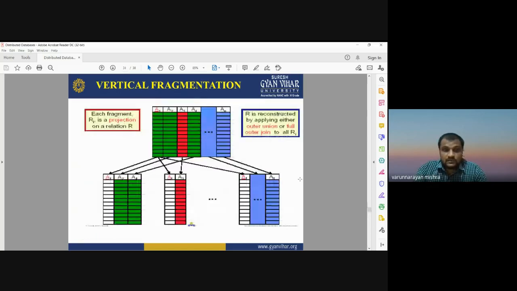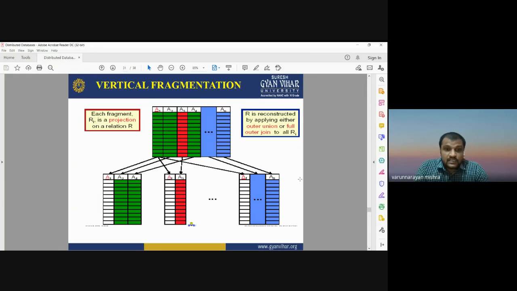This is the figure showing the diagram of vertical fragmentation. Each fragment Ri is a projection on the relation R. R is reconstructed by applying either outer union or full outer union to all Ri's. We have a table with columns A1, A2, A3, A4, and so on, An.